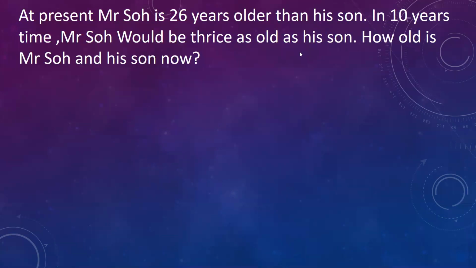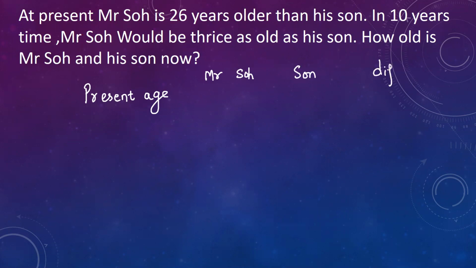So the first question says, at present, Mr. So is 26 years older than his son. When you consider present age, this is Mr. So, this is the son, and then we talk about the difference.